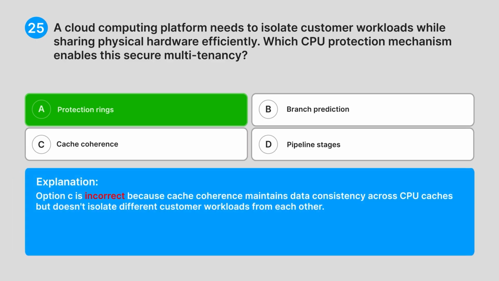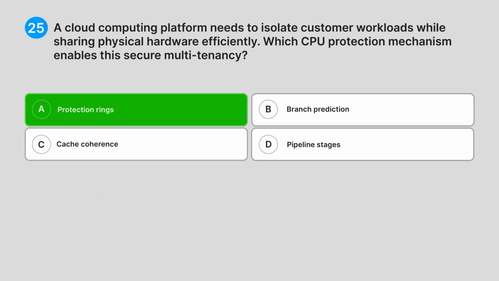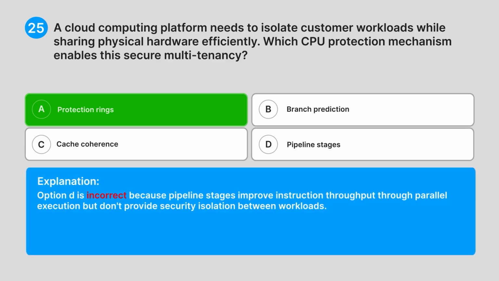Option C is incorrect because cache coherence maintains data consistency across CPU caches, but doesn't isolate different customer workloads from each other. Option D is incorrect because pipeline stages improve instruction throughput through parallel execution, but don't provide security isolation between workloads. Protection rings are the foundation of secure multi-tenancy in cloud computing.